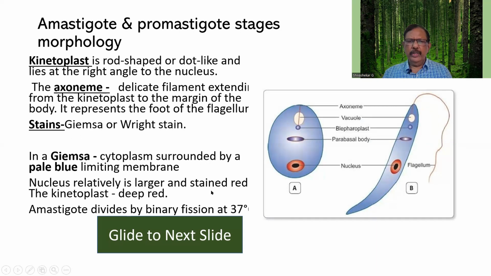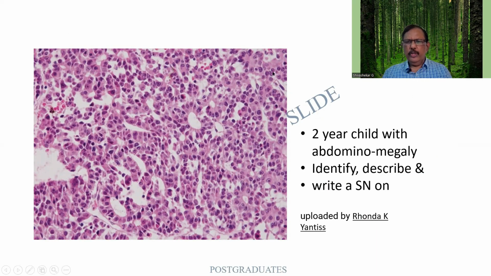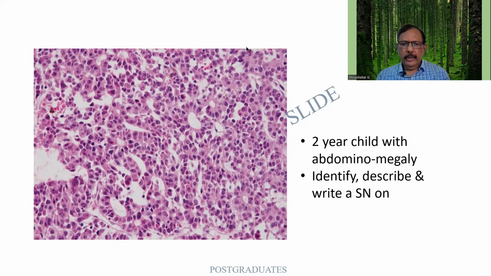We shall glide on to the next slide. What you people are seeing over here is a 2-year-old child with abdominomegaly. Identify, describe, and write a short note. Thanks for this particular picture. And my dear students, this is the next slide for glide the slide.